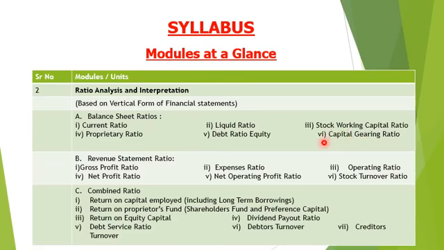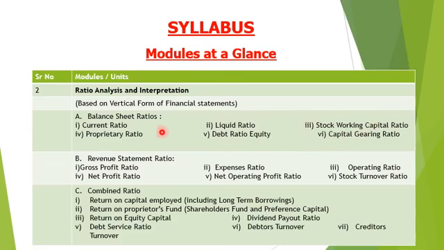So the formula is preference capital plus borrowed fund upon the capital which is not entitled to a fixed rate of interest and dividend. Which shareholders do not get a fixed rate? Equity shareholders. So the formula is preference capital plus borrowed fund upon equity shareholders' fund.